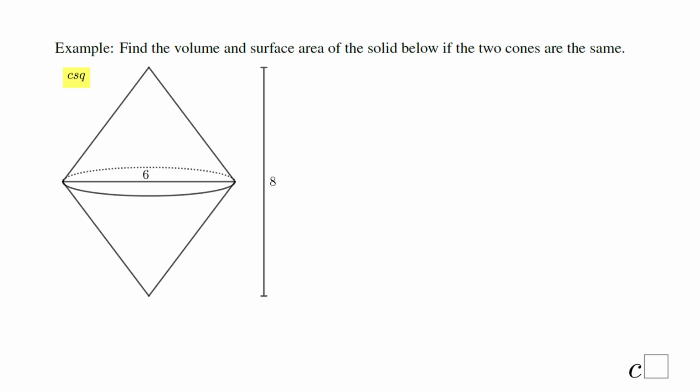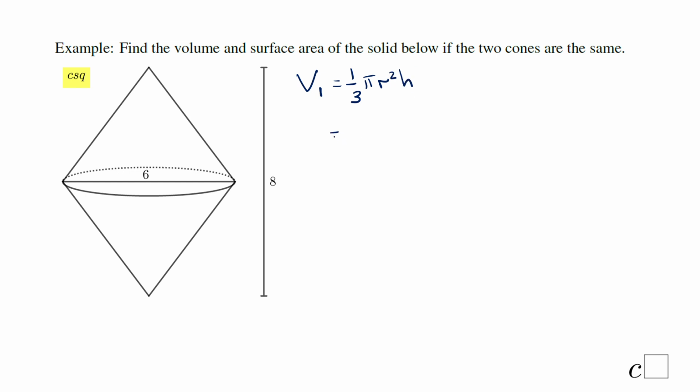The last question in this lesson, very similar to the others. We have a composite shape, a very nice one, because we have two cones that are the same. And we need to find the volume of the composite shape. I'm going to find the volume of one cone, the top one, and then I'm going to double it. Remember, what is the volume? 1 over 3 pi r squared h.